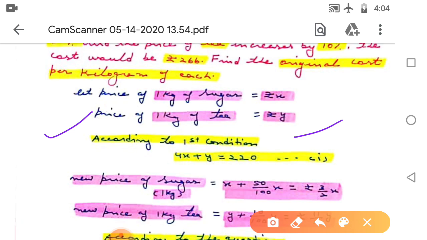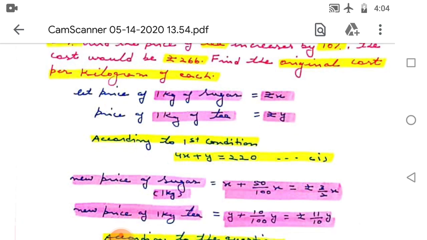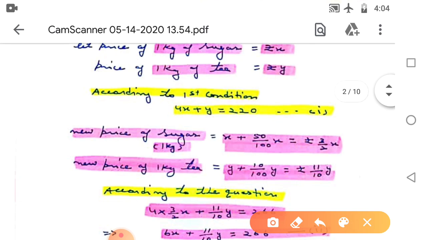Clear? Now, second condition. He's saying the new price of 1 kilogram of sugar is 50% more. It means x plus 50% of x. By taking LCM and solving it, we get 3 by 2x. The cost of 1 kilogram of sugar in the second case is 3 by 2x rupees.